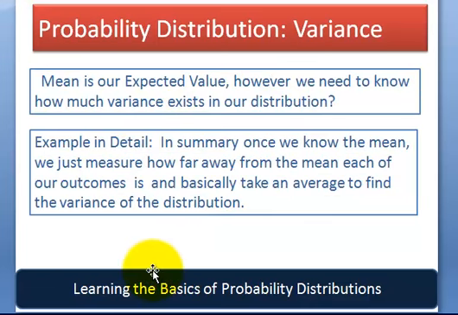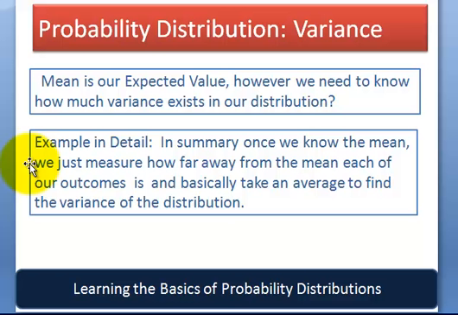Now, once I know the probability distribution, I can calculate the mean with the expected value. Once I have the mean, now I need to know how much variation there is. Well, if we know the mean, the variation, which we'll show you the equation for in a minute, is just a measure of how far each one of our outcomes is from the mean.